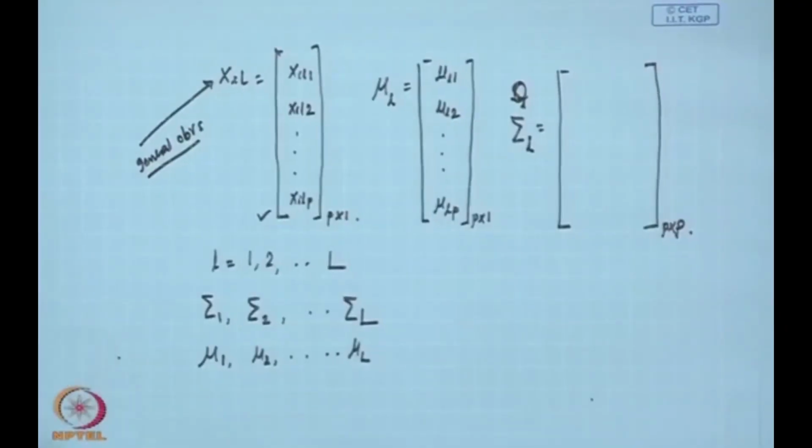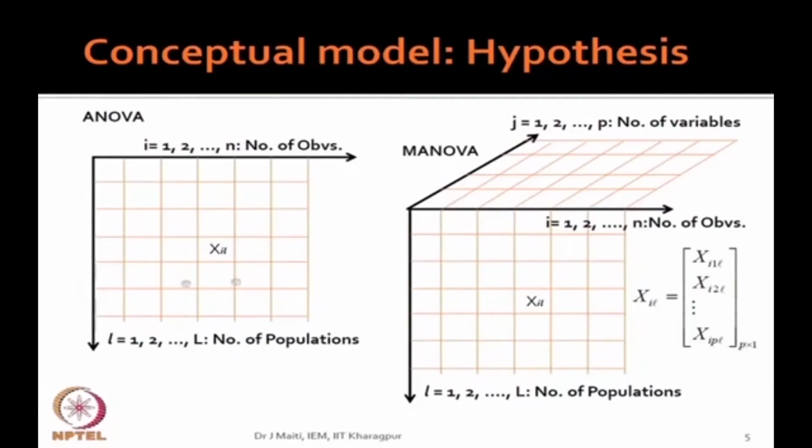So, you see this is pictorially given in this figure. I think it is very clear now for all of you that in ANOVA we have different populations and different observations, and for MANOVA it is population, observation and variables, and this general observation is xil, which is this one. You have to keep in mind this vector part.